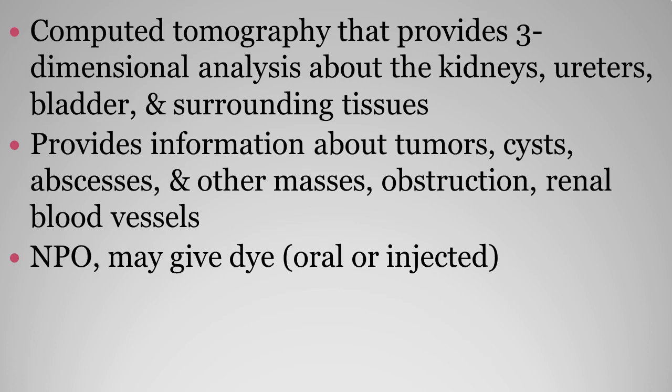Maybe there's a suspicion that the patient has a tumor, a cyst, an abscess, or some other type of mass, or some kind of obstruction. Maybe it's a significant renal stone present in the ureters, or some problems with the renal blood vessels. Patients may be NPO if they're going to give dye. Okay, so I don't think I have to talk much more about that.